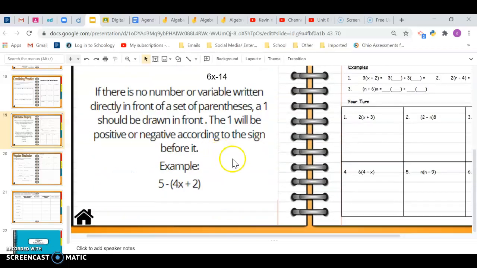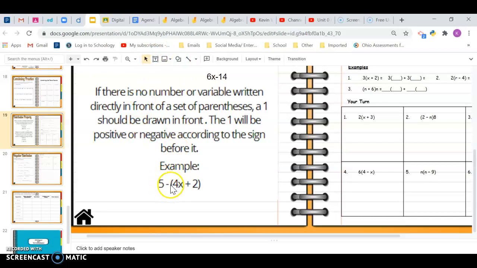Now the same thing happens if we do not see a number visibly there. So if there is no number visible written directly in front of the set of parentheses, a 1 should be drawn in front, and the 1 will be positive or negative according to the sign before it. So right here we see that there is nothing in front of this set of parentheses.